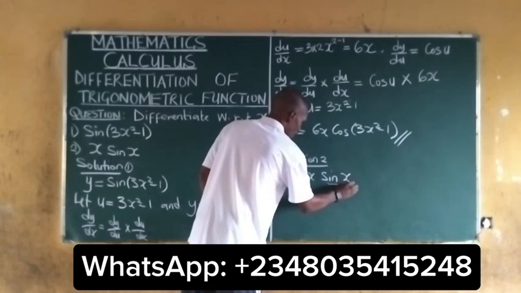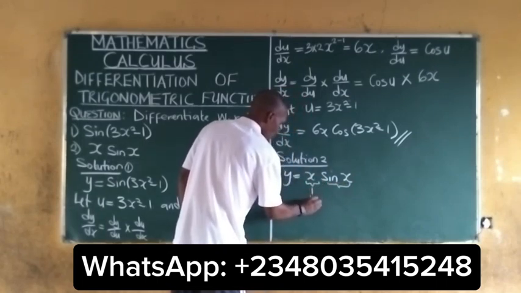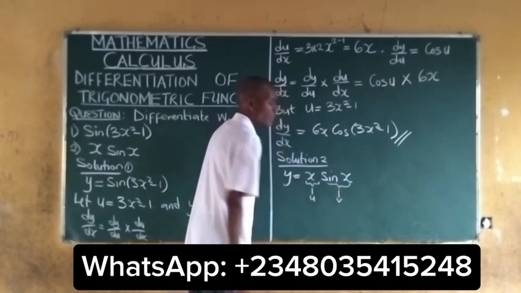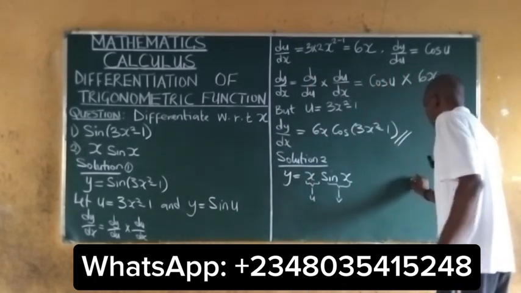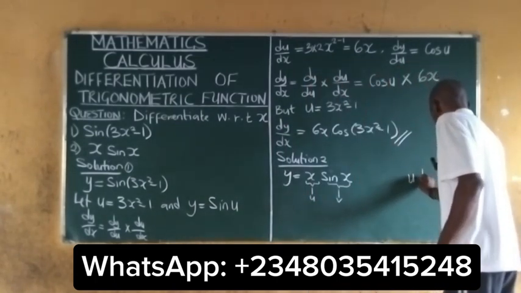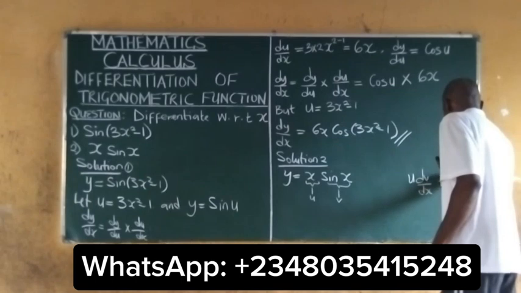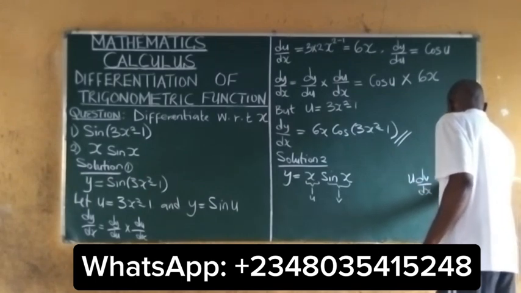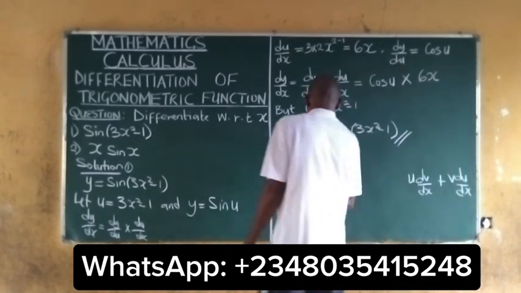The first one is this, and another one is this. So we can take this as our u and take this as our v. There is something called the product rule, and the product rule states that you can write it as u dv over dx plus v du over dx. So we can put it that way.